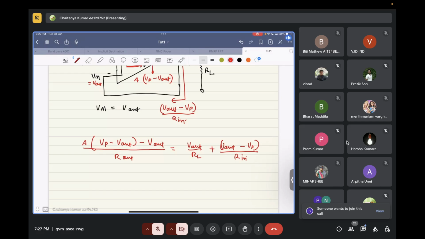So what will be the relation that we get between Vp and V out? We will separate all the terms with Vp on one side.